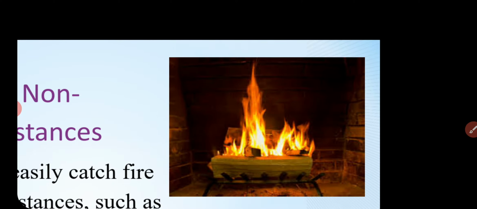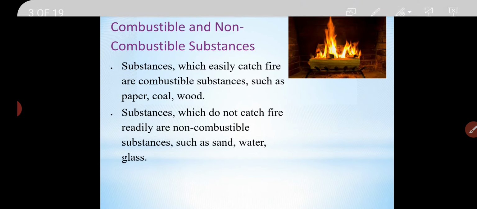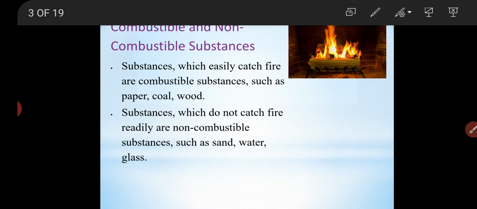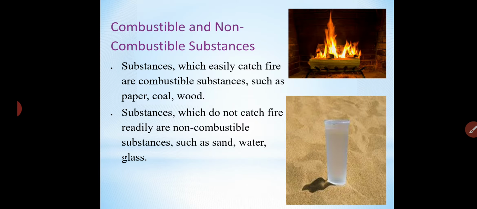These are examples of combustible materials. The substances which do not catch fire readily are non-combustible substances such as sand, water, and glass. These are substances which never go easily through the combustion process, right?